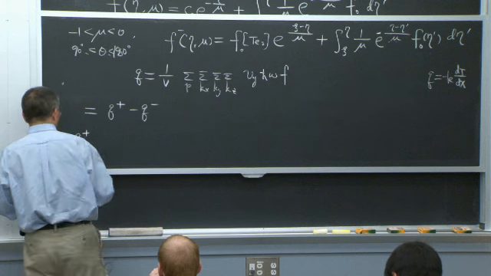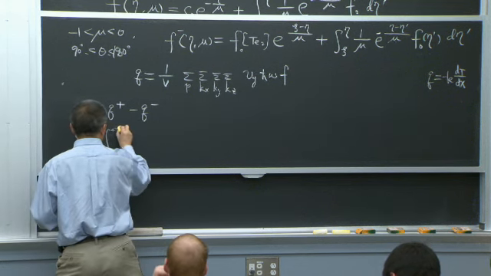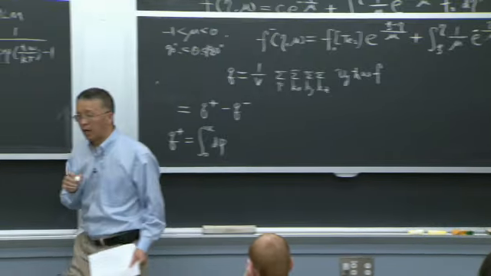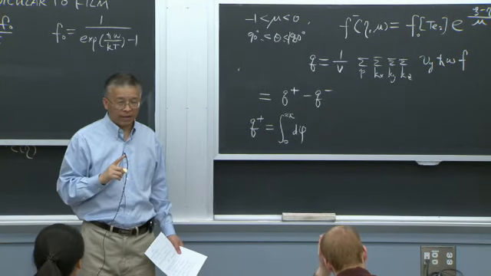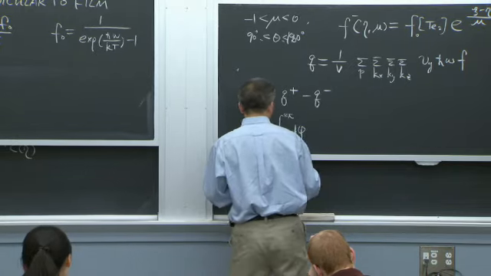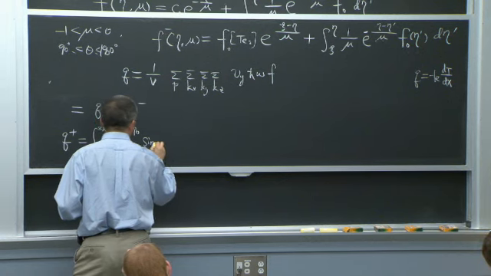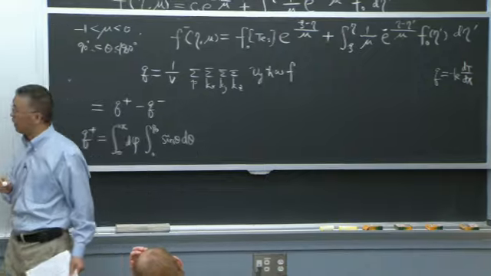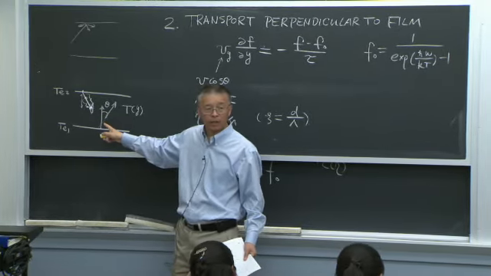So the positive term is 0 to pi d phi. Again, I'm changing this into spherical coordinates, right? Phi is the azimuthal angle, and 0 to 90 degrees sine theta d theta, right? Theta is the polar angle in my coordinate system.